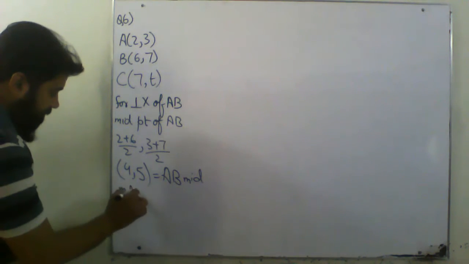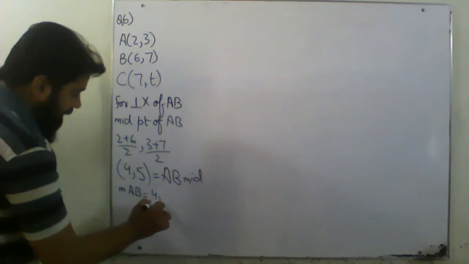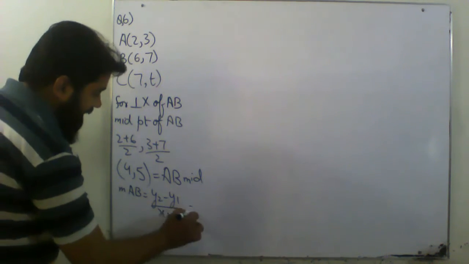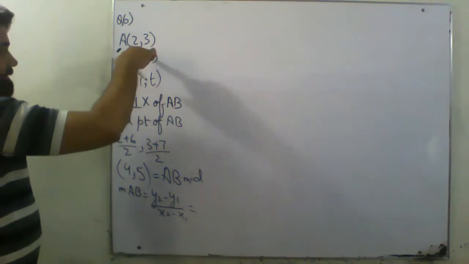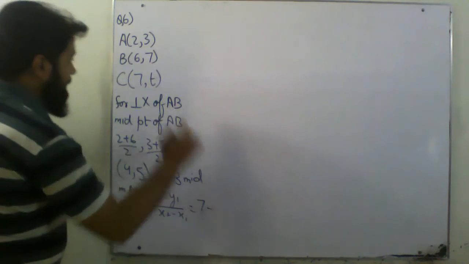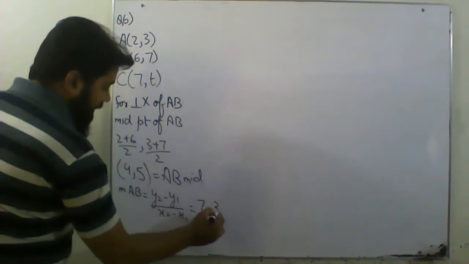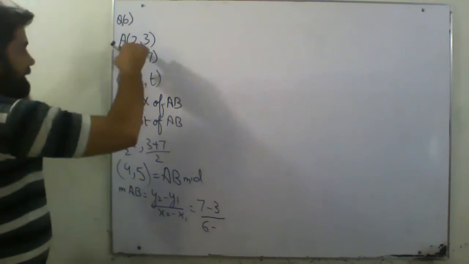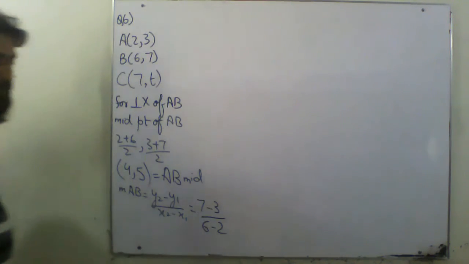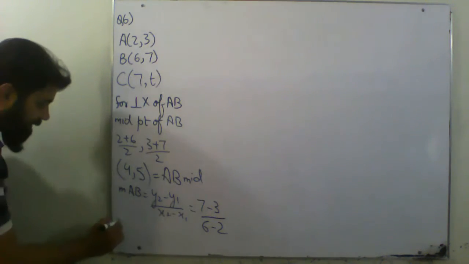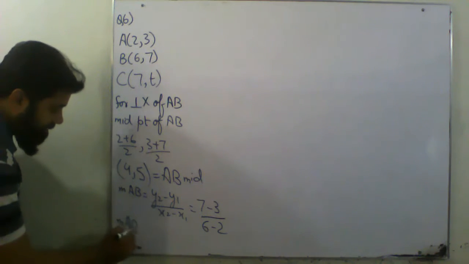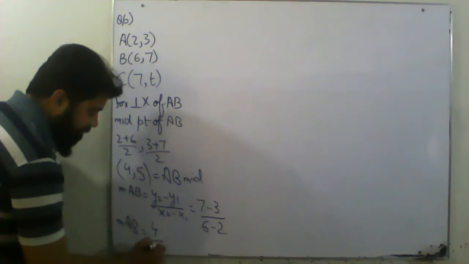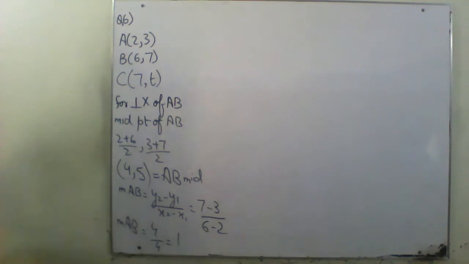After that, the gradient of AB will be what? y2 minus y1 upon x2 minus x1. So y2, that is 7, minus y1, that is 3, over x2, that is 6, minus x1, that is 2. When I simplify it, 7 minus 3 is 4, and 6 minus 2 is 4, so the result will be 1.